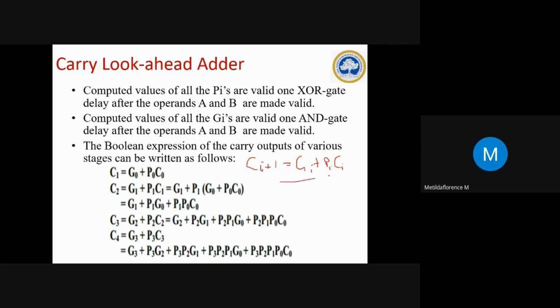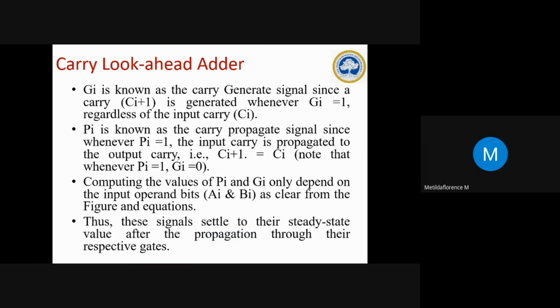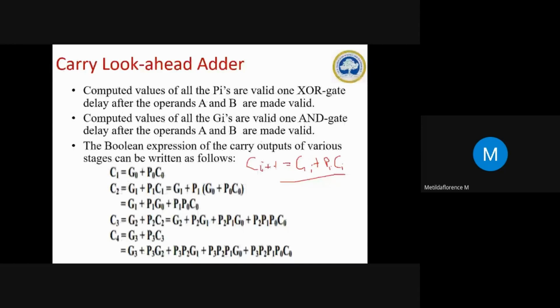Do you remember this? I am going to concentrate only on the carry now. So Ci plus 1 equal to Gi plus Pi Ci. So from this I am going to generate the expressions. Now same thing I have written, Ci plus 1 equal to Gi plus Pi Ci.